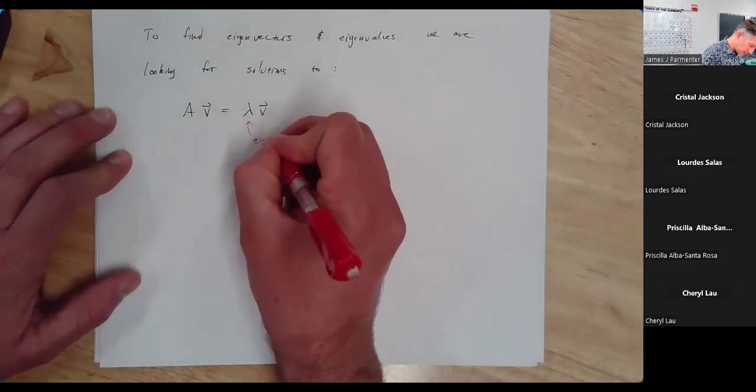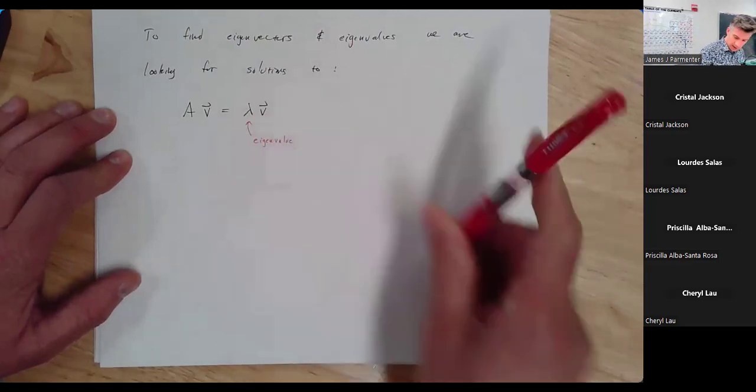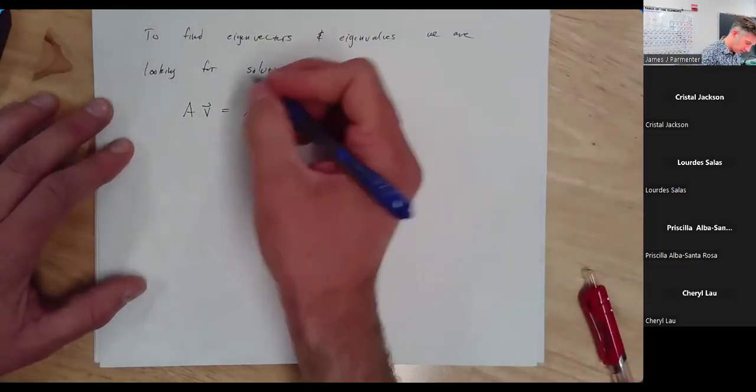It's a number, or a scalar. And V is the eigenvector.